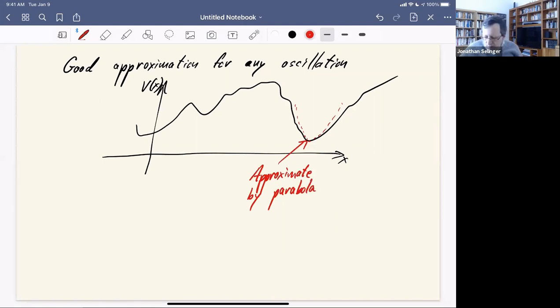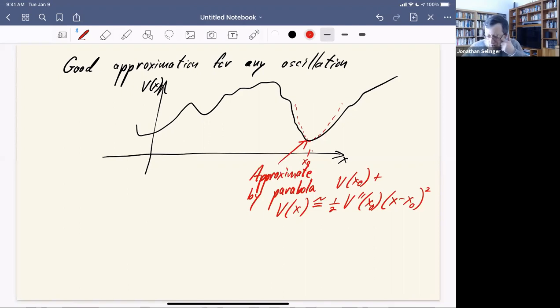And so we could say V of x is approximately V of x0 plus 1/2 times the second derivative at this point, x0, times x minus x0 squared. So this would be a power series to approximate V of x.